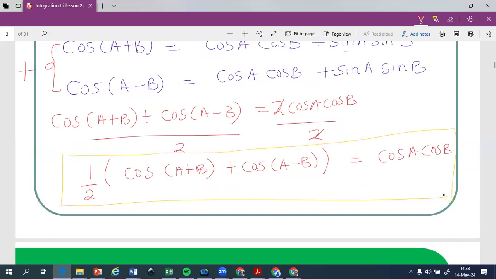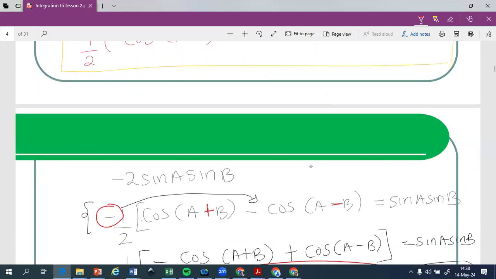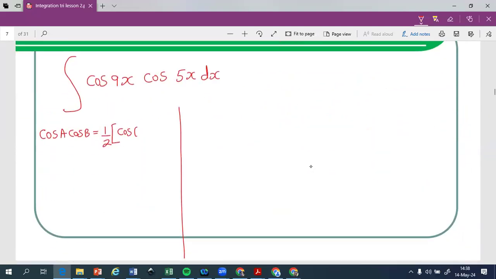Where is the first one? Here. So you will come back here in case you have not mastered them yet. Like I've told you, choose the biggest angle to be your A. So my A is equal to 9x, my B is equal to 5x.